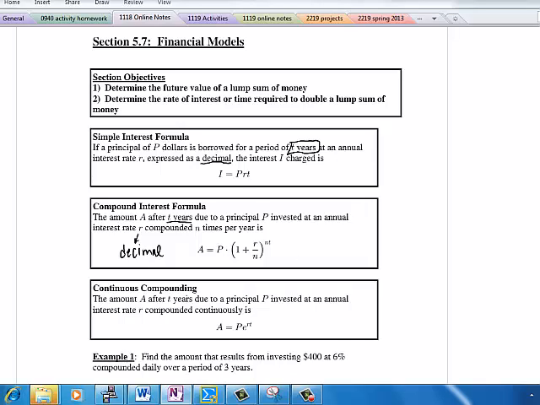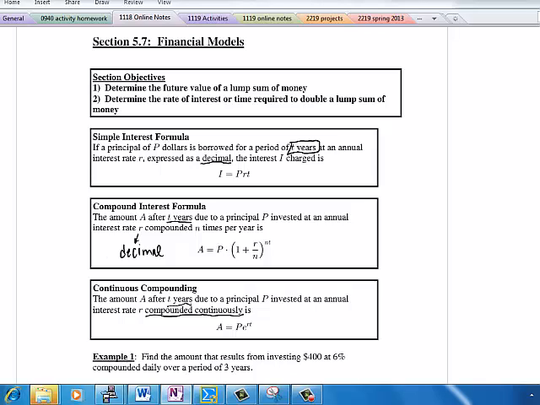Then we have continuous compounding. The amount after T years due to a principal invested at an annual interest rate R compounded continuously is A equals P times e to the RT. So the principal times the base e raised to the power of the rate times the number of years.